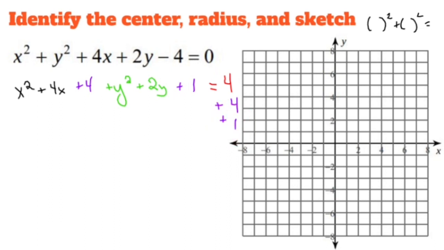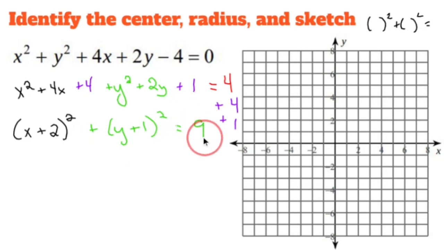Now this guy right here ends up being x plus 2 squared because now it's a perfect square trinomial. This guy right here ends up being y plus 1 squared because that's a perfect square trinomial. And this guy ends up being 9 because 4 plus 1 is 9.